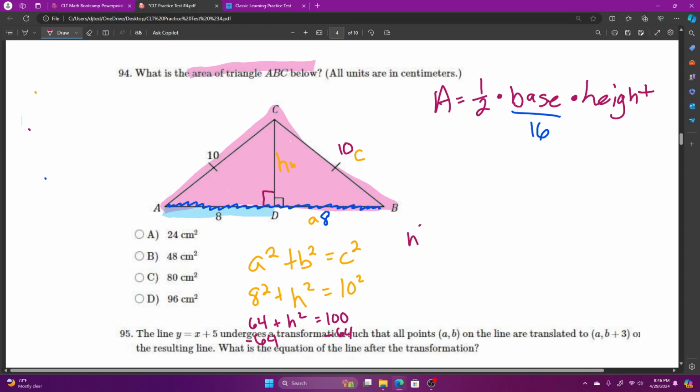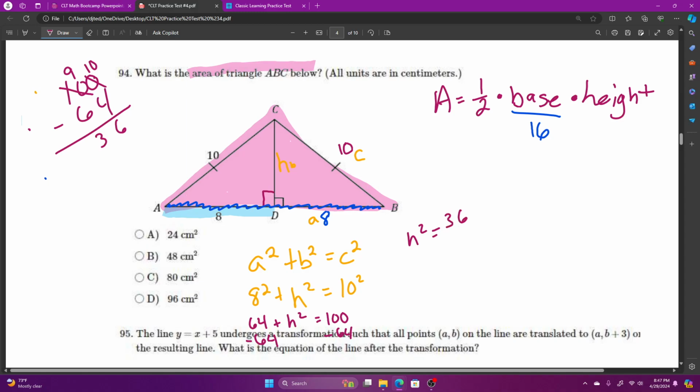So our height squared equals 100 minus 64. No calculators on this test, so our 0 becomes 10, and regroup 10 becomes 9. 10 minus 4, 6. 9 minus 6, 3. Our height squared is 36.